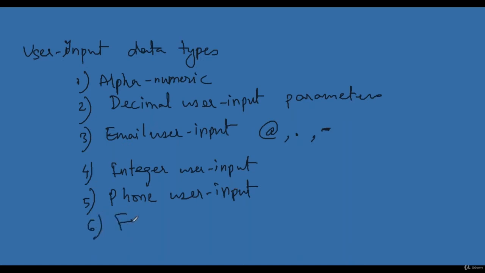Next is the file upload parameter data type. This data type specifies that there is no text limit for the data. It only checks the length. So ASM can detect and block users from uploading binary executable content in the parameter value.